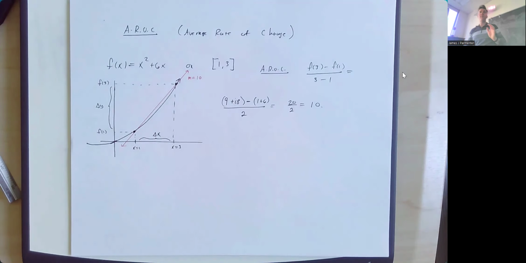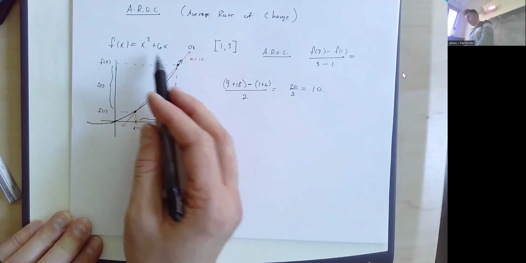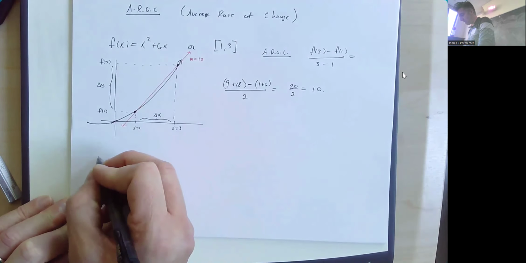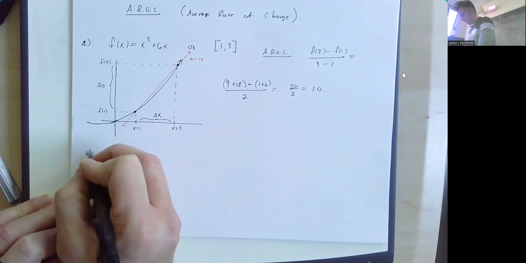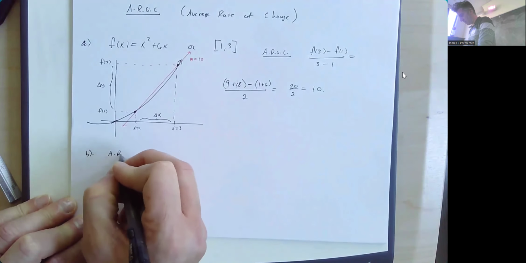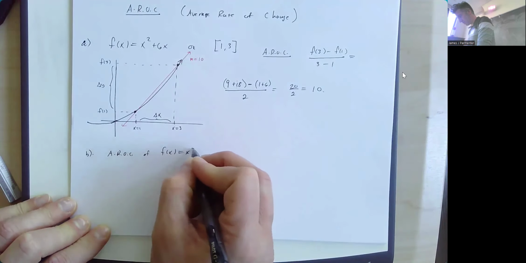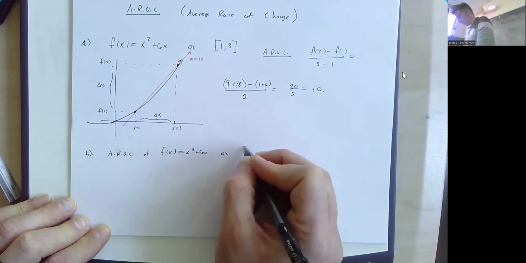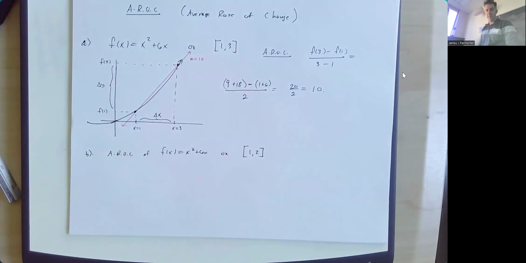Okay. What if we shorten the interval? So instead of looking at the average rate of change on the interval from 1 to 3, what if we did the same thing? Let's call this a, I guess. But now we want to find the average rate of change for the same function on the interval from 1 to 2. Well, let me ask everybody, just looking at the graph I've done, that's I know not perfect, but still has the right direction.